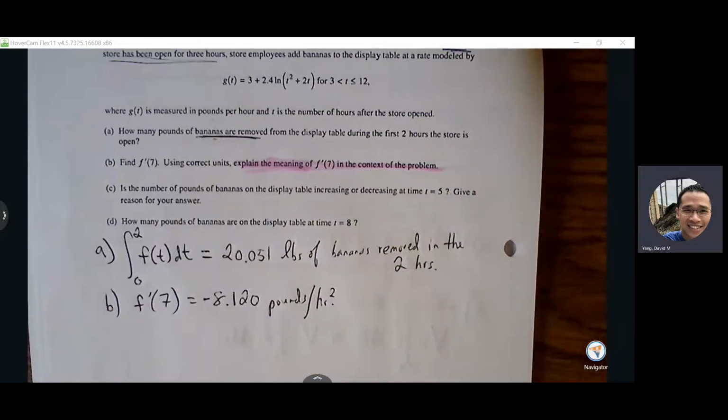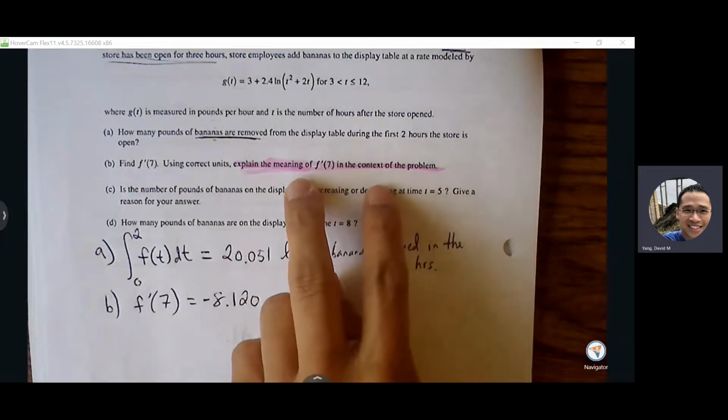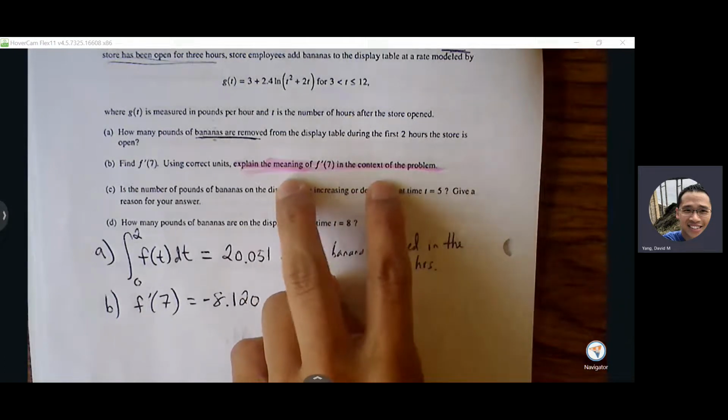So we want to be able to explain the meaning without using acceleration. Acceleration is for particle motion. It doesn't apply to this problem. And also, we don't want to say rate of a rate. It's not specific enough. So what could we say to satisfy what they're looking for and be able to earn this point here?